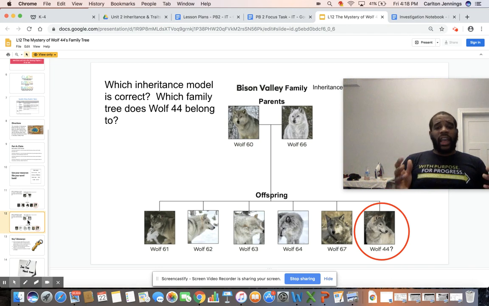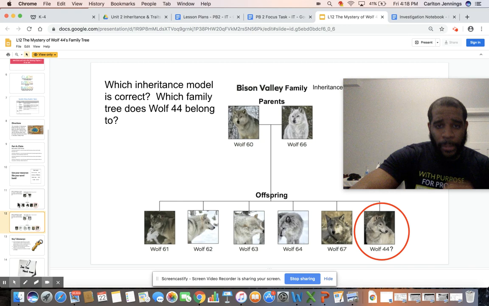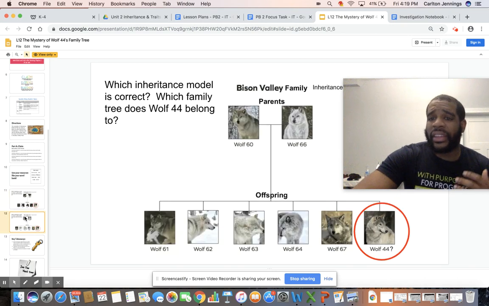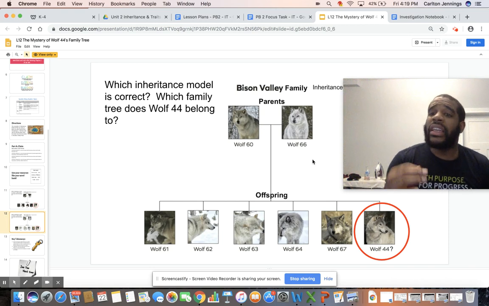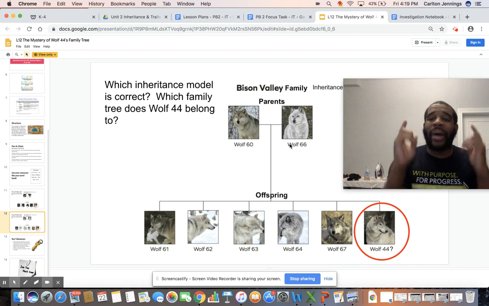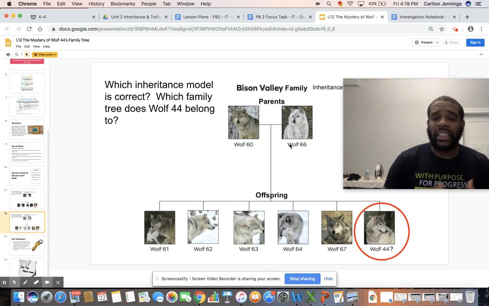Which one do you think is Wolf 44's family? Do you think the Elk Mountain family, that Wolf 44's mom and dad are Wolf 40 and 48 in the Elk Mountain? Or do you think that the Bison Valley family looks more like Wolf 44? The answer is the Bison family. The Bison family has the color that Wolf 44 looks like.